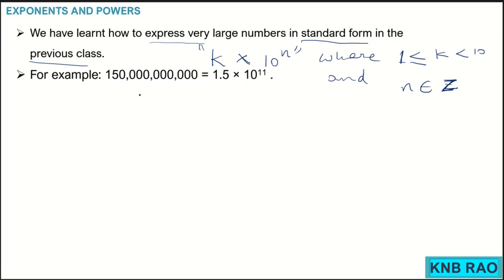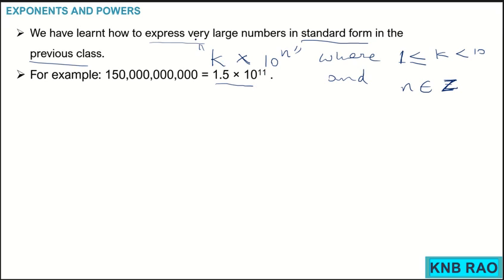In short, how can it be written? It is written as 1.5 into 10 power 11. Now, the question comes, how did we get this 10 to the power 11? Let me explain how this 10 to the power 11 has come.